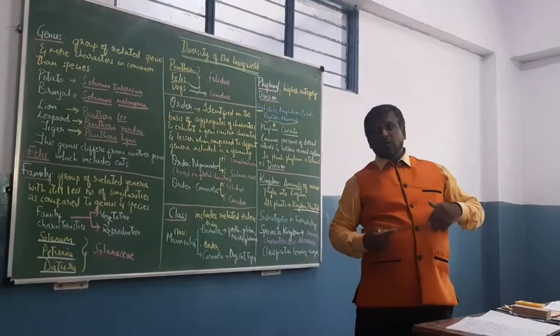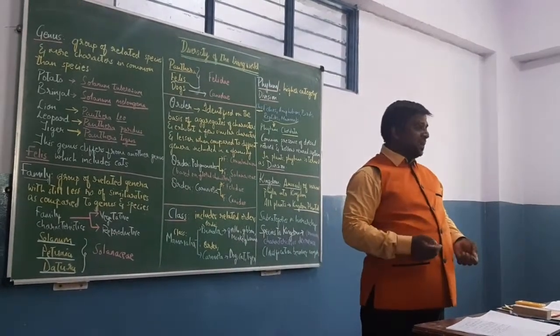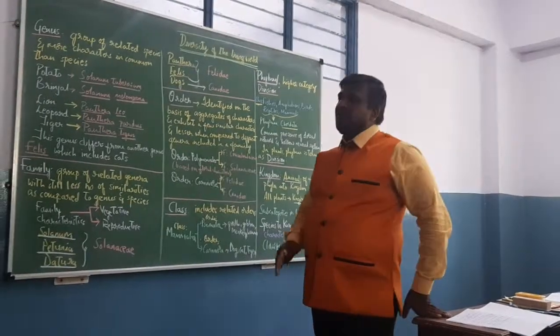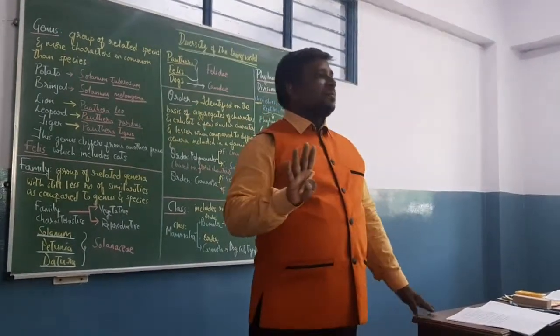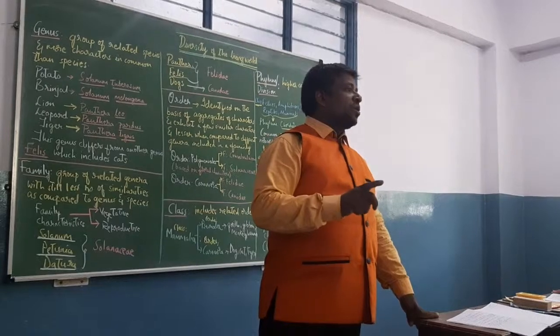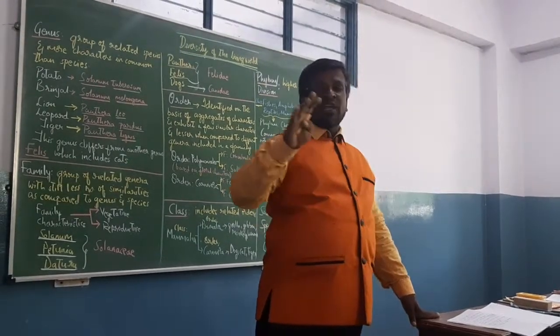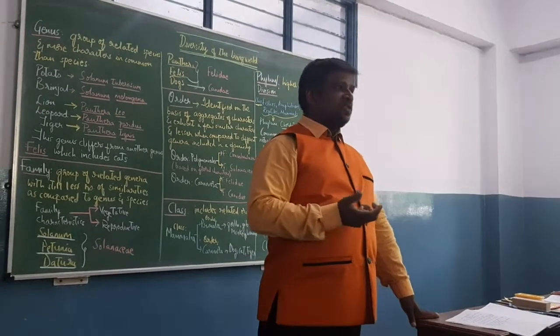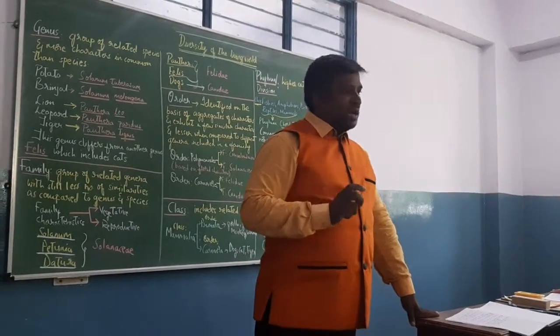When you divide, many times you come across subcategories. In the case of phylum Chordata, it is divided into 4 subphyla: subphylum Hemichordata, Urochordata, Cephalochordata, and subphylum Vertebrata. Vertebrata contains vertebral columns. All of us are placed under vertebrates.